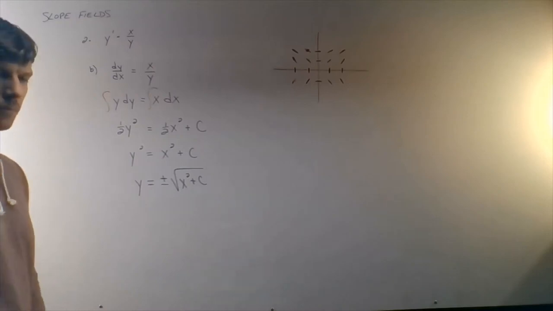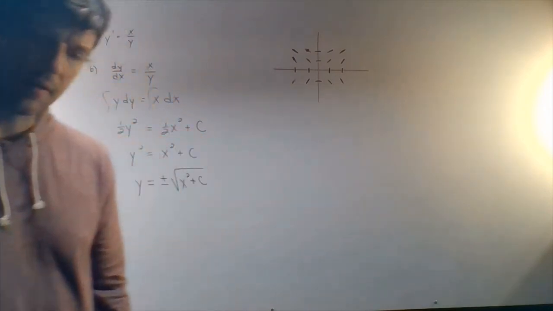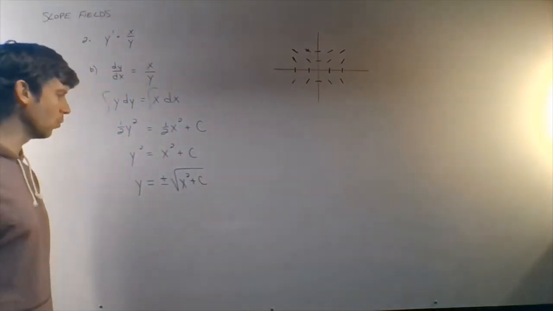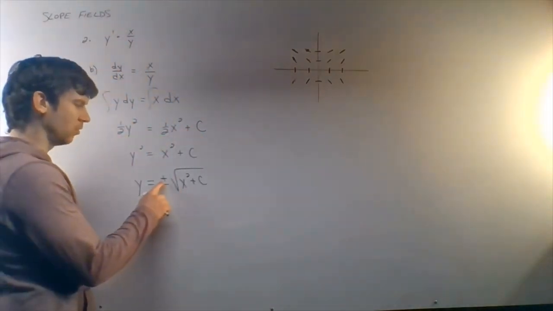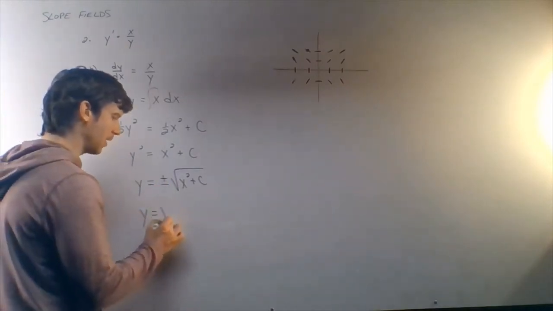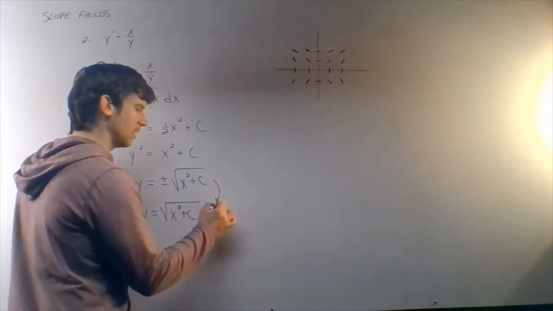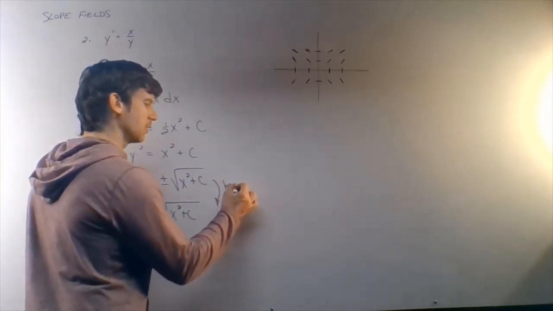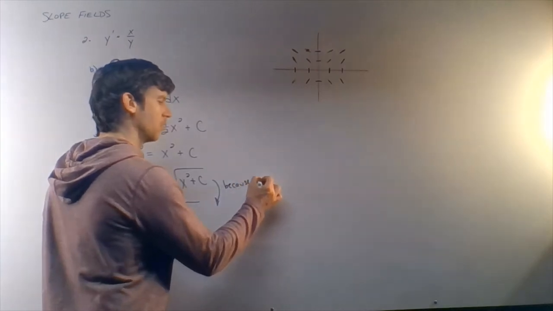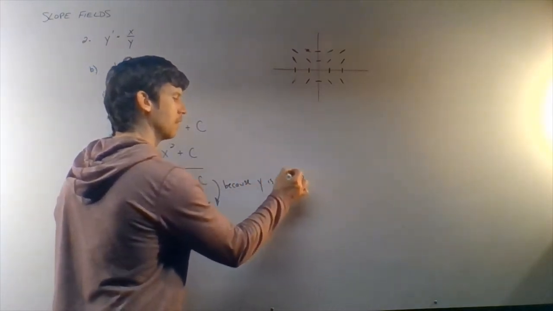Technically, in this problem, because it gives me the point -1, 2, I know the y value is a positive 2, so I'm going to use y equals the positive square root of x squared plus c. I know it's this because the y that I'm given is positive.